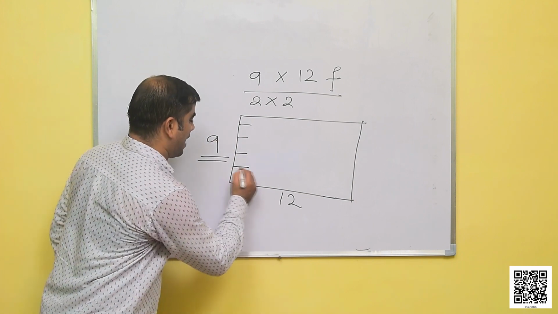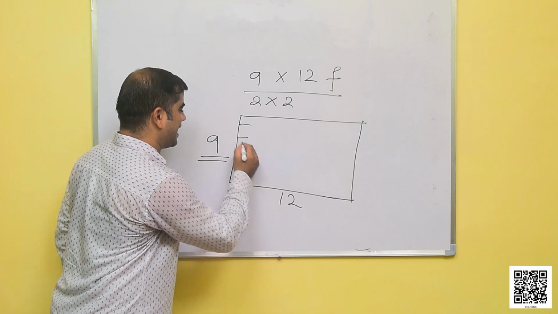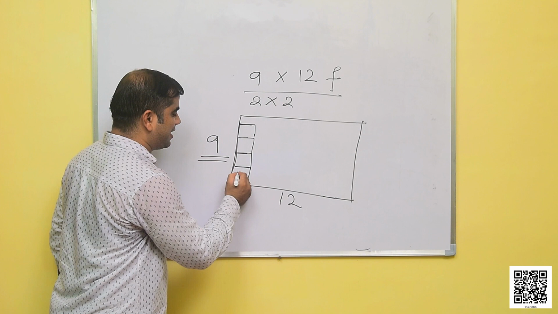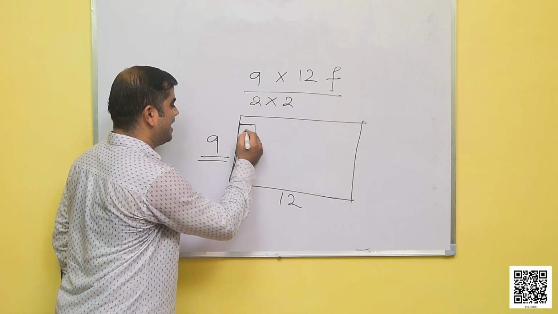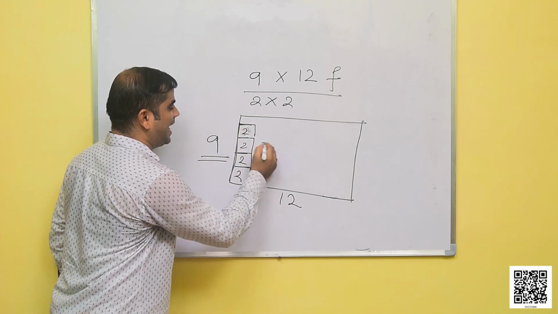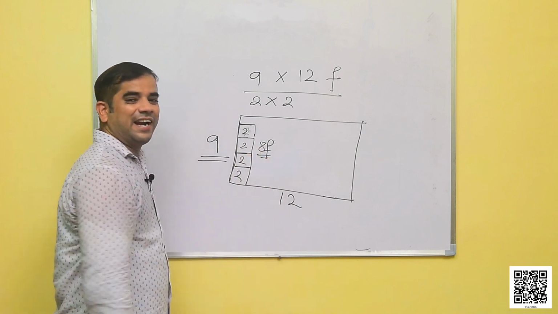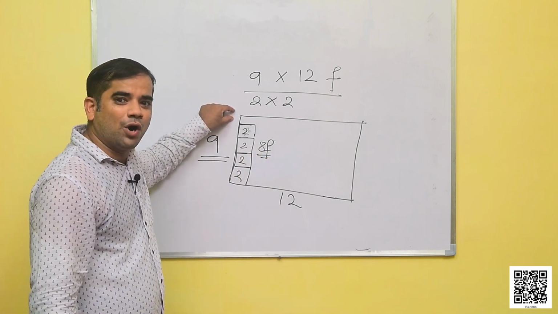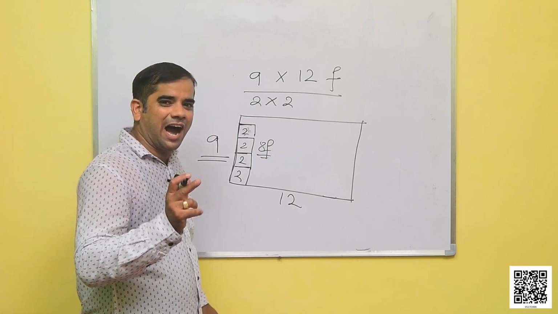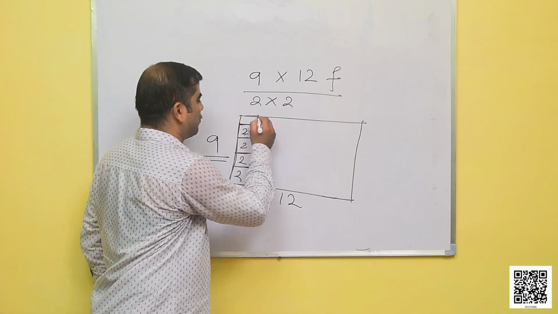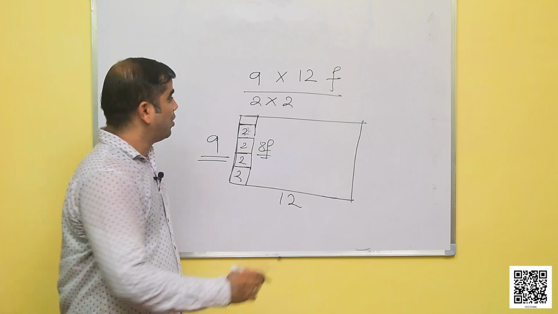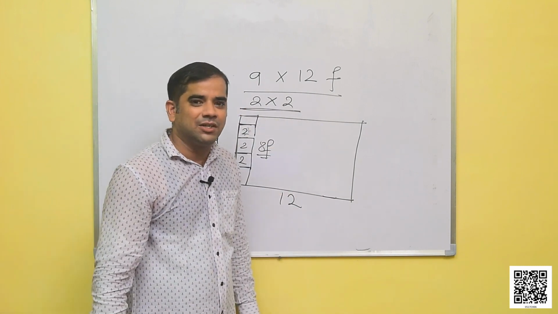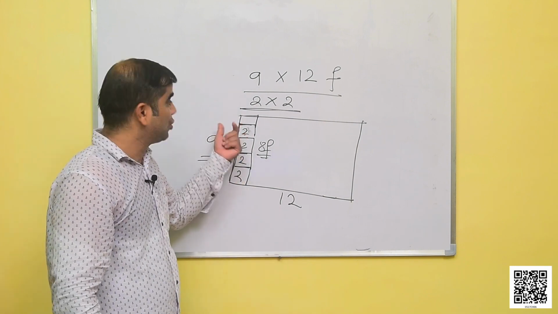So if I lay first tile, second tile, third tile and fourth tile, this will cover 8 feet of height. Still 1 foot is remaining, so I have to cut a tile in half to fill this 1 foot. So I cannot go for 2 into 2 feet of dimension because I have to cut it to fill the gap.